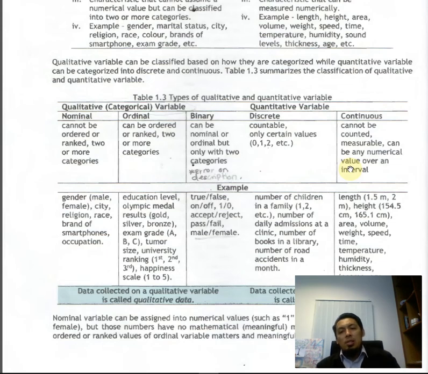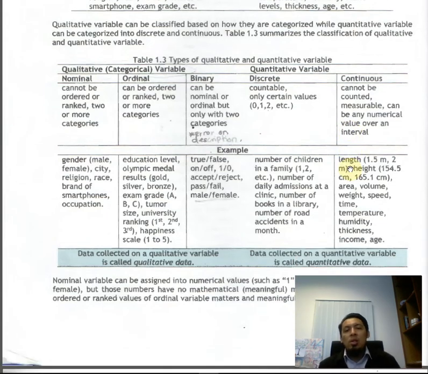So that is quantitative variable, and of course we can quantify the data. So this arrangement is not just arranged out of nowhere, right? This arrangement actually represents the richness of data, the richness of information that can be obtained out of this variable.